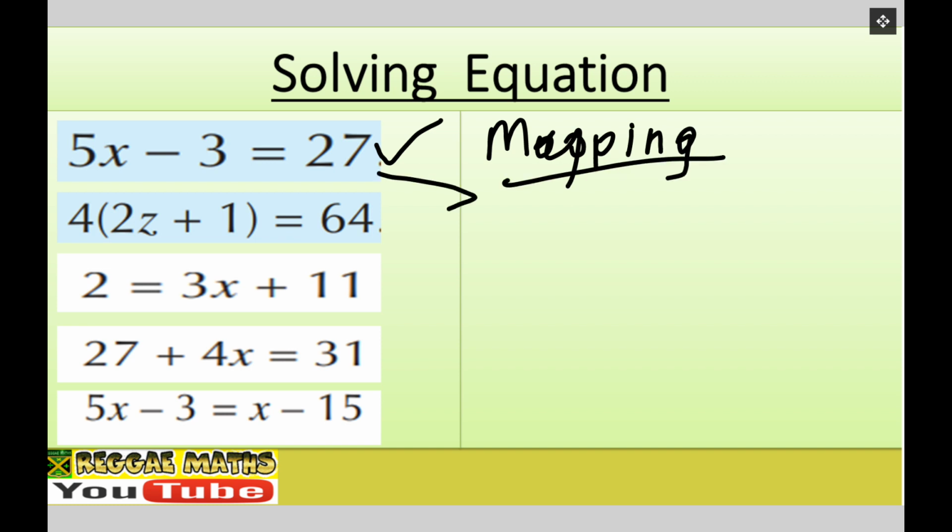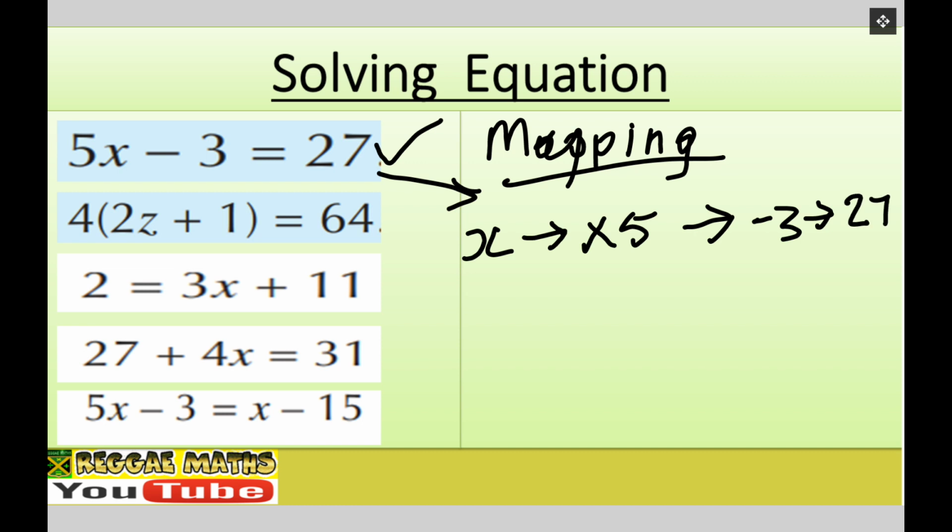What we have here is x, which we need to find, the unknown. First, I'm timesing by 5, taking away 3, and my answer is 27.